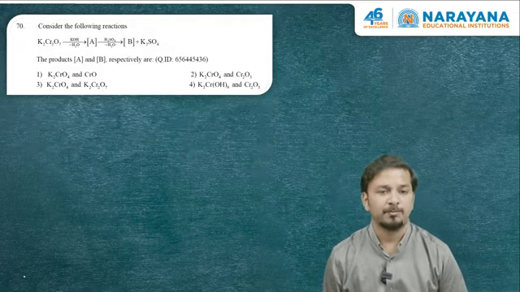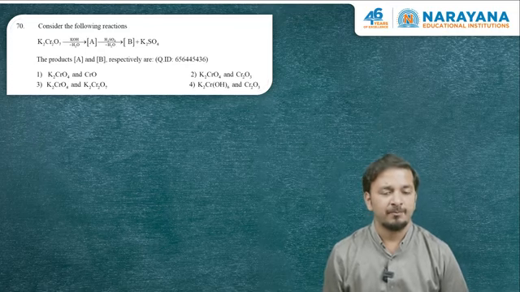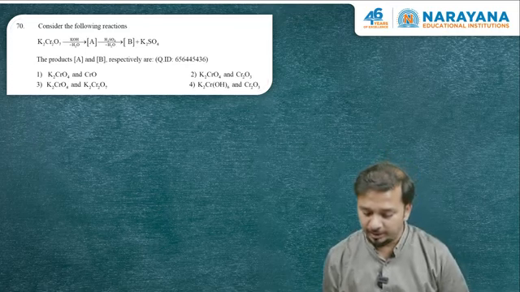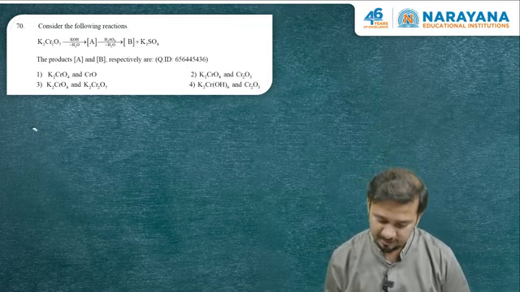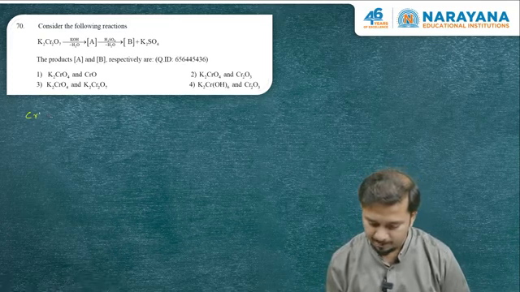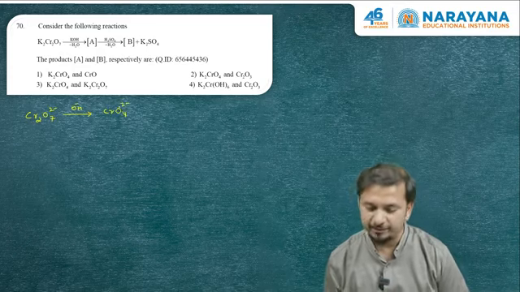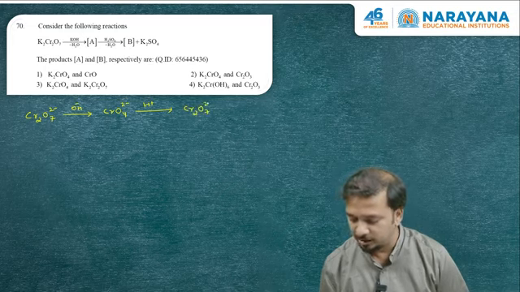Moving to next question. K2Cr2O7 in presence of KOH is giving A, which in presence of H2SO4 is giving B. So we know K2Cr2O7, or we can write Cr2O7 2-, in basic medium will be converted to CrO4 2-, and CrO4 2- again in acidic medium will be converted to Cr2O7 2-.